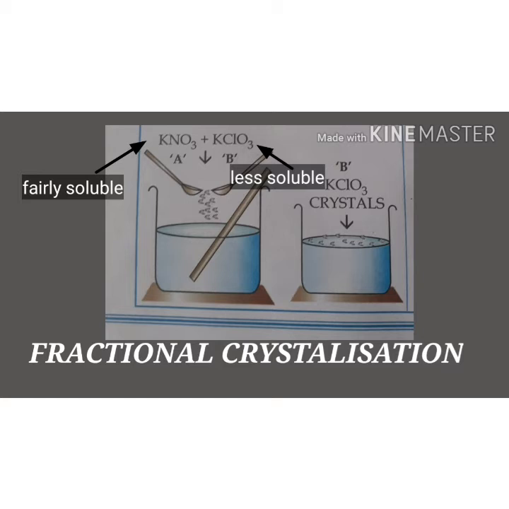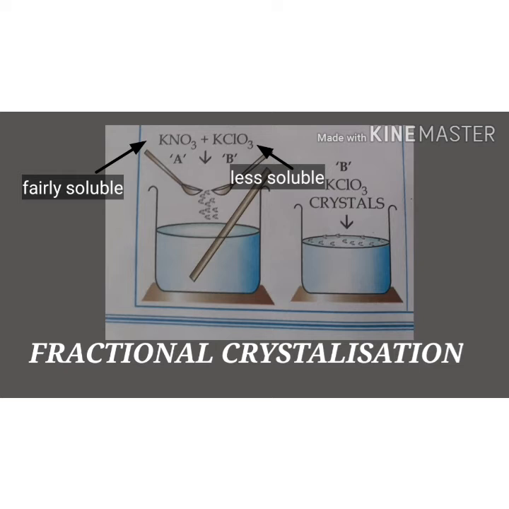Add the mixture of potassium nitrate and potassium chlorate in water and shake it well. Add some cold water to it and let the mixture sit for a while. After some time, you will see that the particles of potassium nitrate settle down at the bottom of the flask, whereas the particles of potassium chlorate float on the top of the water, forming crystals.